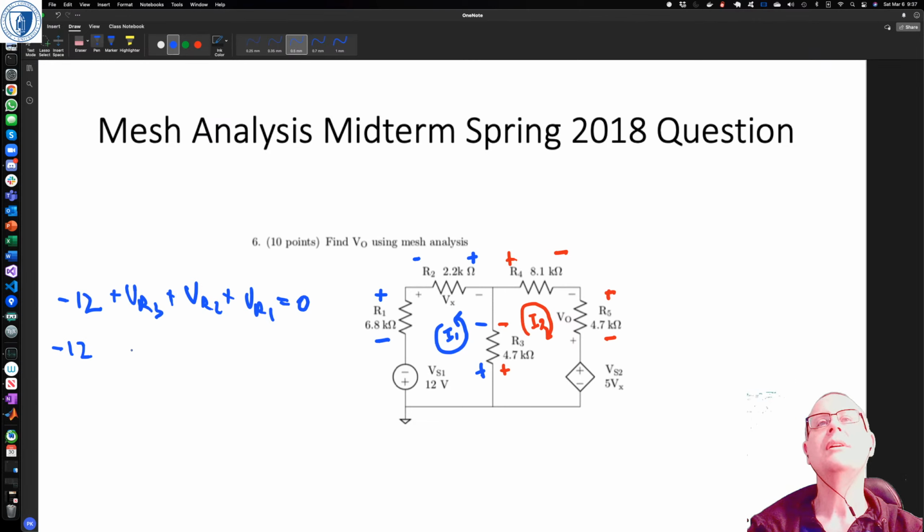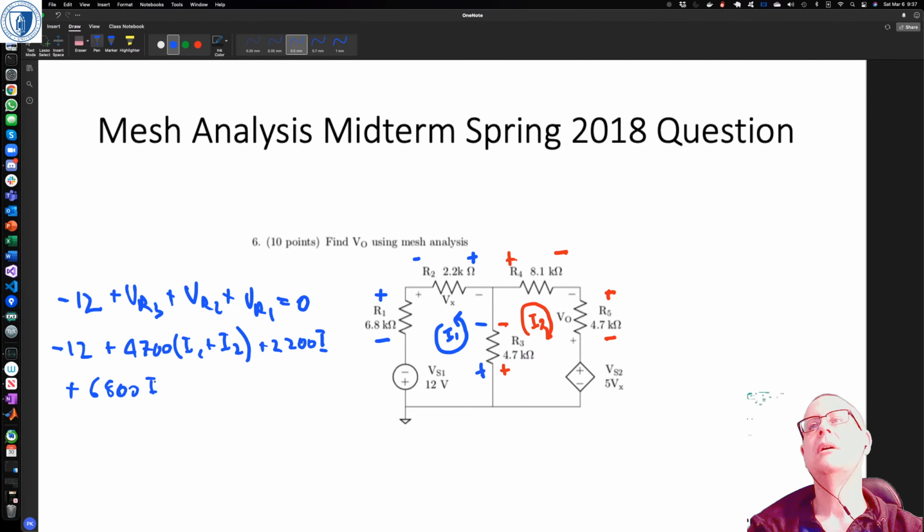Now we've still got I1 going in the same direction as I2 through R3, so the total current through R3 is I1 plus I2. So that's plus 4700 (I1 plus I2), and then plus 2200 I1, and then plus 6800 I1, and then we're back to the beginning, so that's equal to 0.